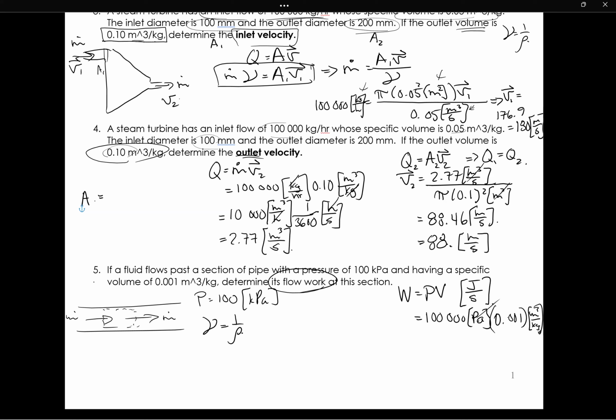And if you take the time to convert your pascals, then you're going to get your 100 joules per kilogram. Sorry, it's not per second, it's per kilogram.